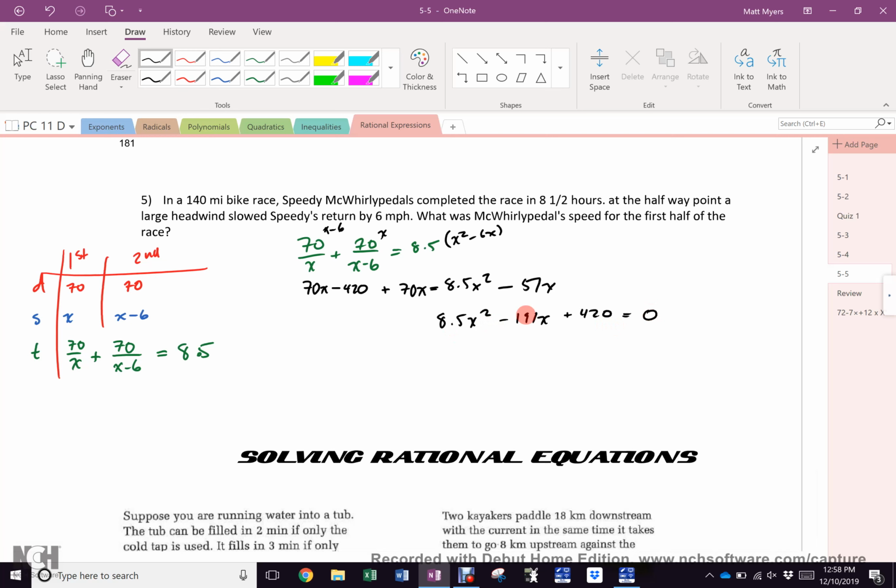So which do you want to do? Quadratic formula? Okay. Negative b, so 191 plus or minus the root of that number squared, 191 squared, minus 4 times 8.5 times 420 over 2 times 8.5, which is 17.